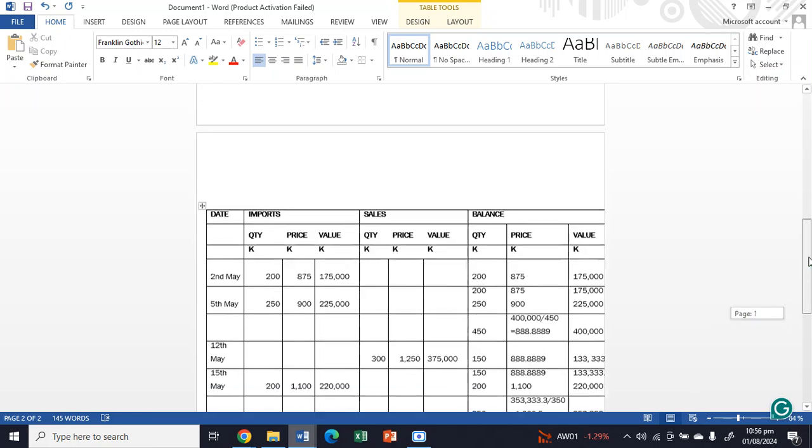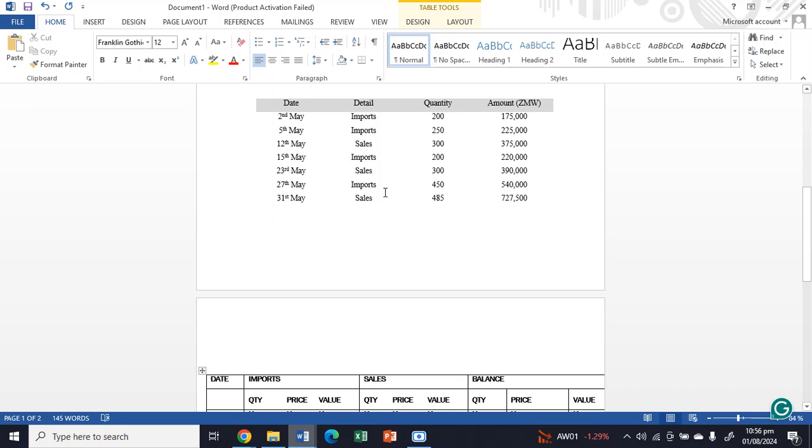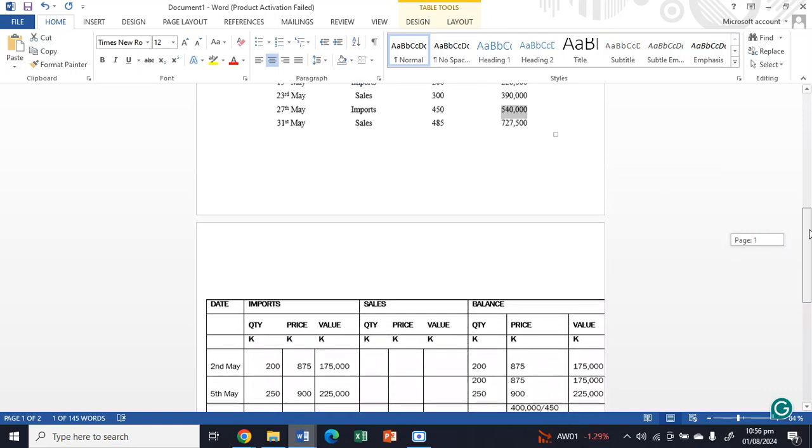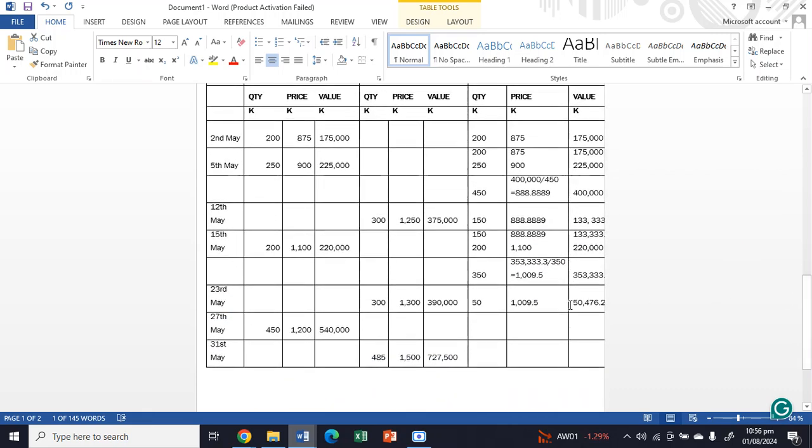Go for our next transaction, 27th May, bought in 450 goods and paid a total of 540,000. Each of them costed 1,200, and we got total 540,000. That's how much we paid.